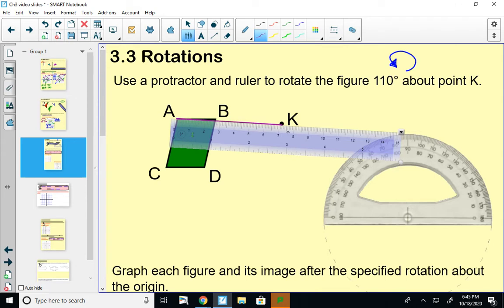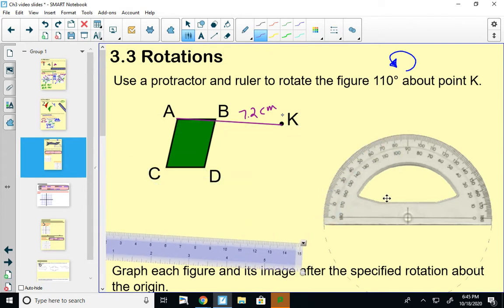Actually, while I'm here, I'm going to measure the distance from A to point K. That looks like it's 7.2 centimeters.